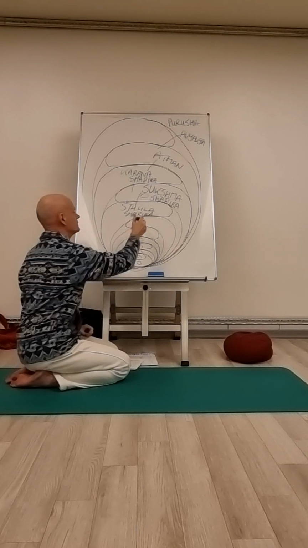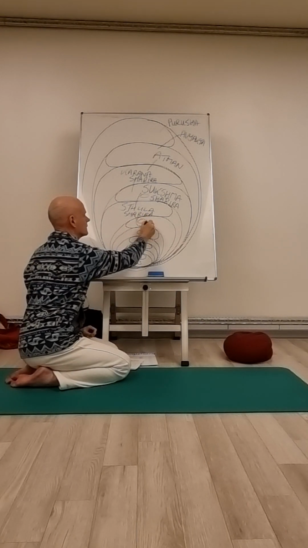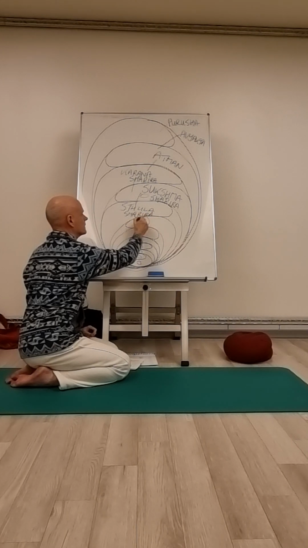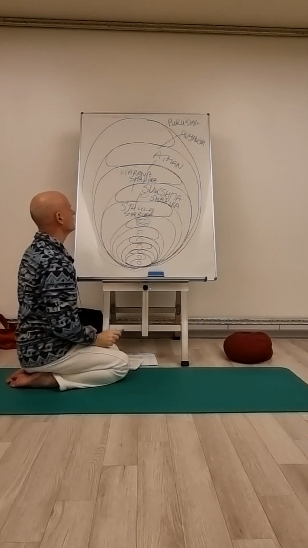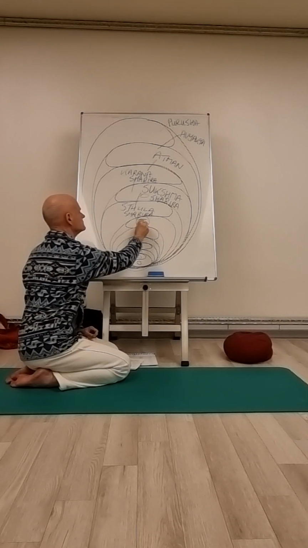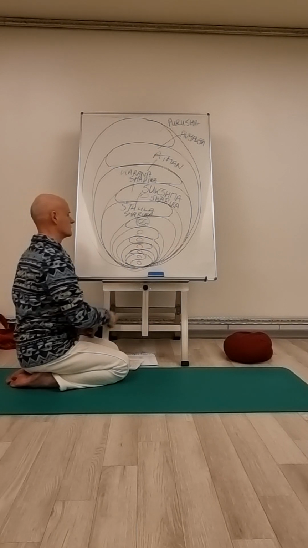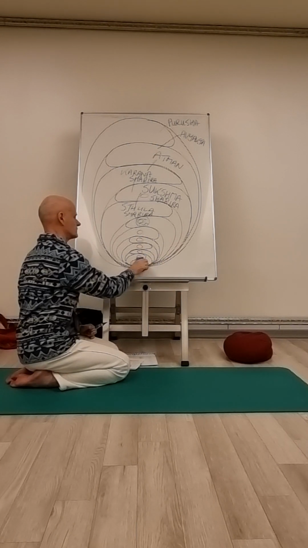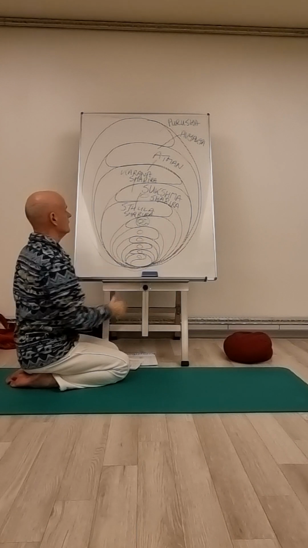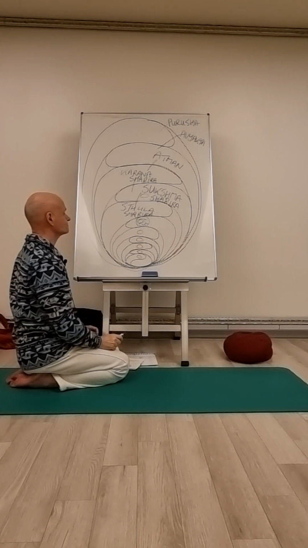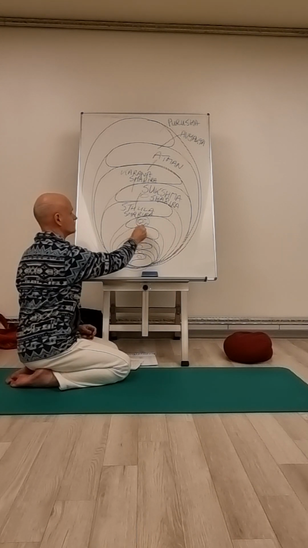So, the head of a human being would be here. There's just one chakra too much. This is the physical body.